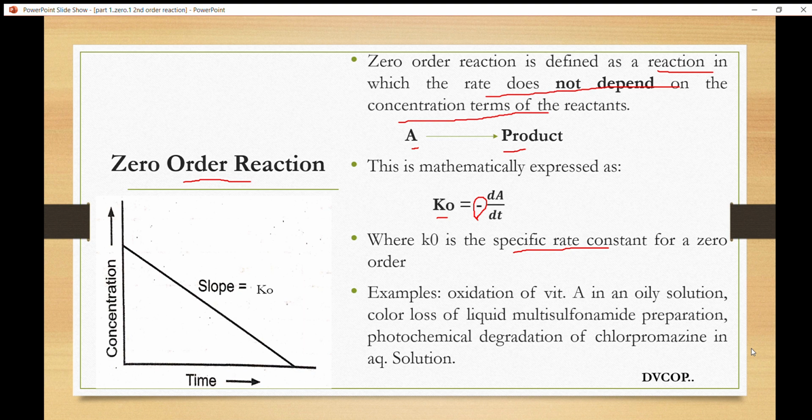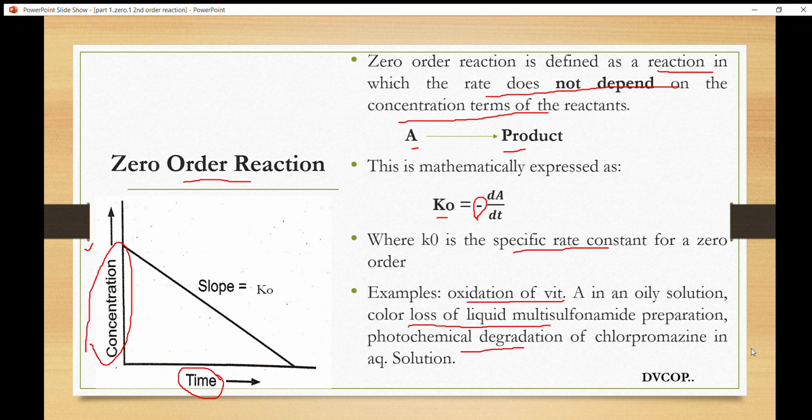Examples of zero order reaction are oxidation of vitamin A in oily solution, color loss of a liquid multisulfonamide preparation, and photochemical degradation of chlorpromazine in aqueous solution. In this graph you can see that on the x-axis we plot the time and on the y-axis we plot the concentration.